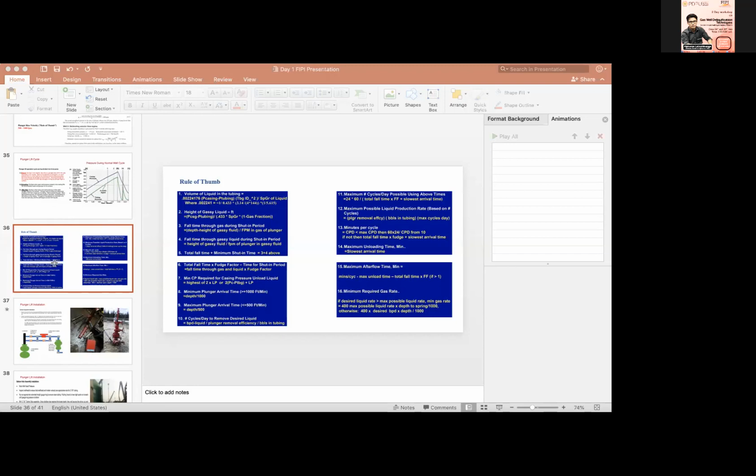So based on this, you will be able to calculate how much liquid is there in the tubing, what is the height of the gassy liquid, what is the fall time of the plunger through gas, through liquid, the total fall time, and then how much casing pressure you will require to lift. So you will be able to calculate all these requirements from this Excel sheet, which I will be sharing with you.